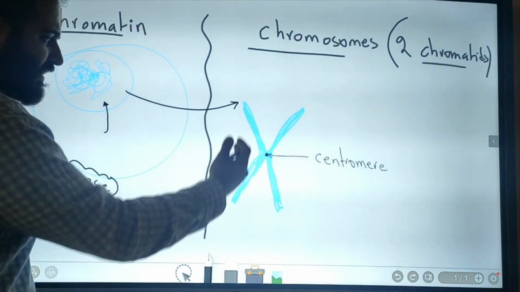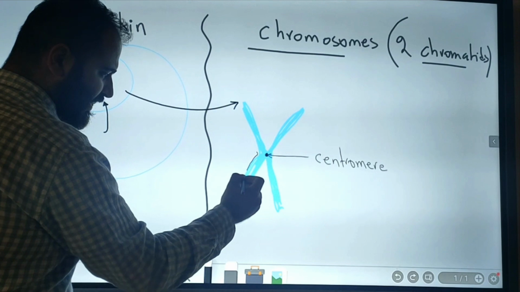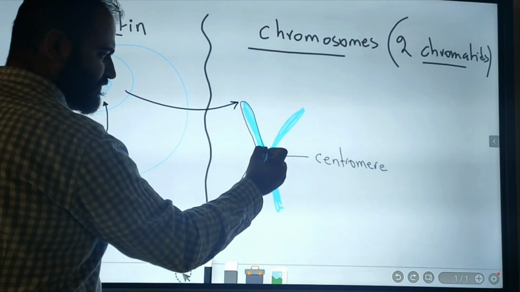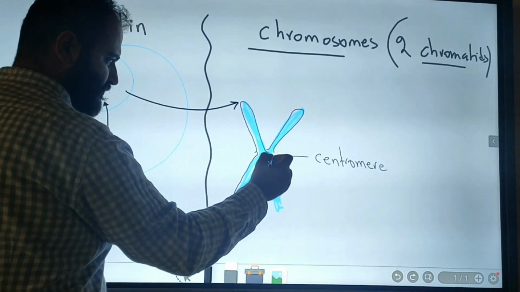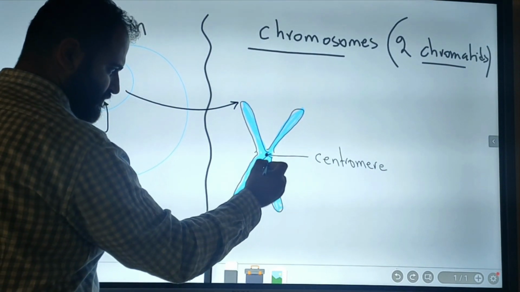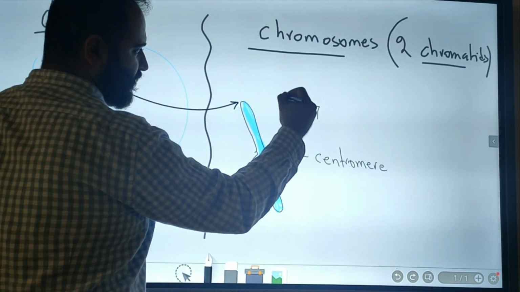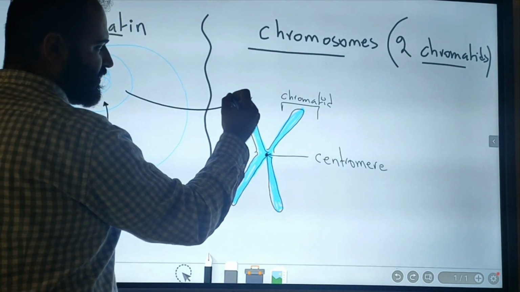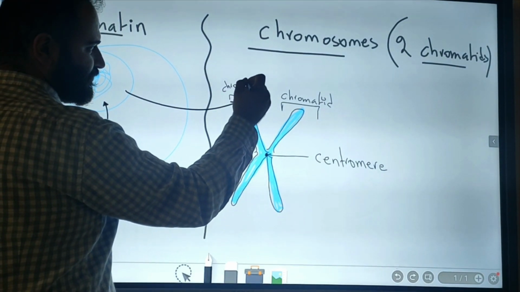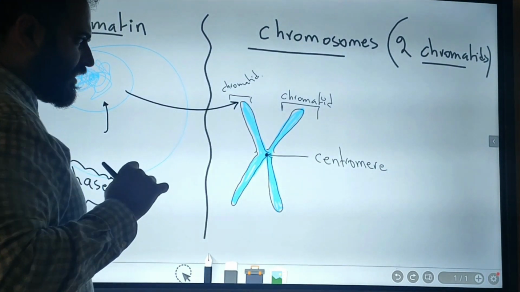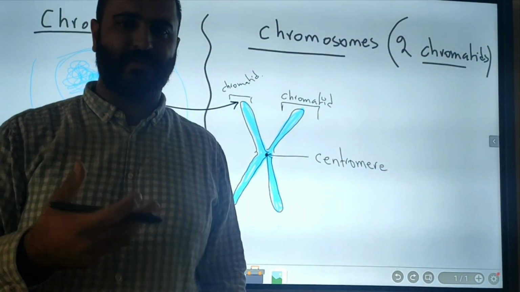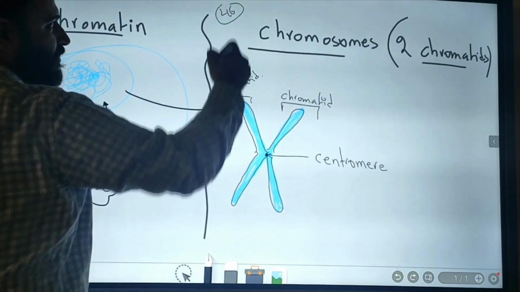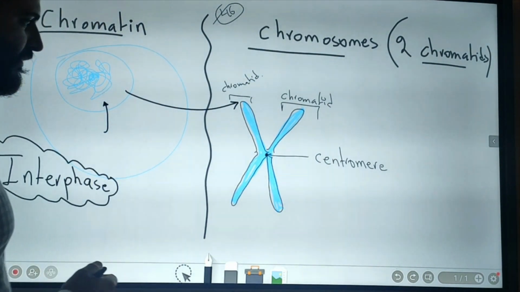It's where the two strands are attached, and every strand in the chromosome is called a chromatid. So this one here is called a chromatid, and this one here is called a chromatid. In our cells, when our cells want to divide, the chromatids will form 46 chromosomes or 23 pairs of chromosomes.